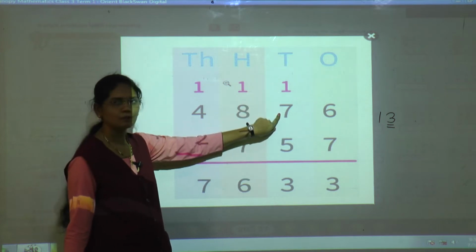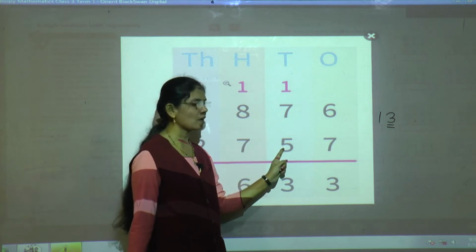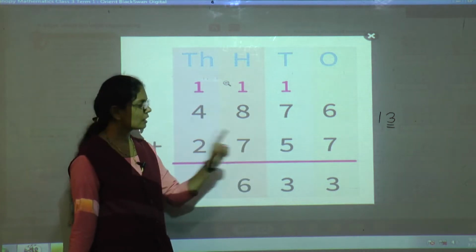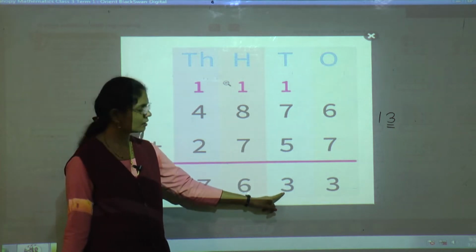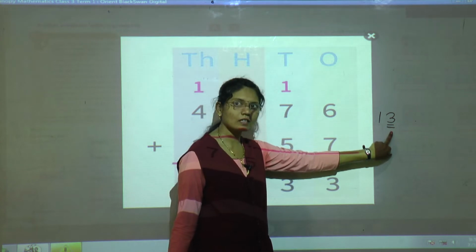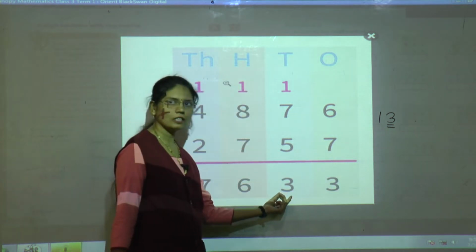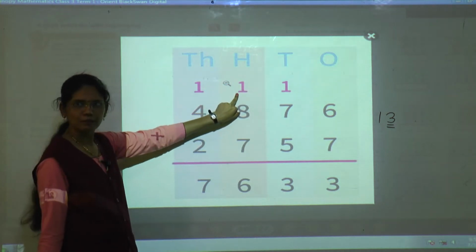1 plus 7, 8. Now keep this 8 in your mind and show this 5 on your fingers. After 8, count 5 more fingers. 8 plus 5, yes, again the number will come 13. So in the 13, at ones place 3 is there. So we will write here 3 and this 1 will come here as a carry.